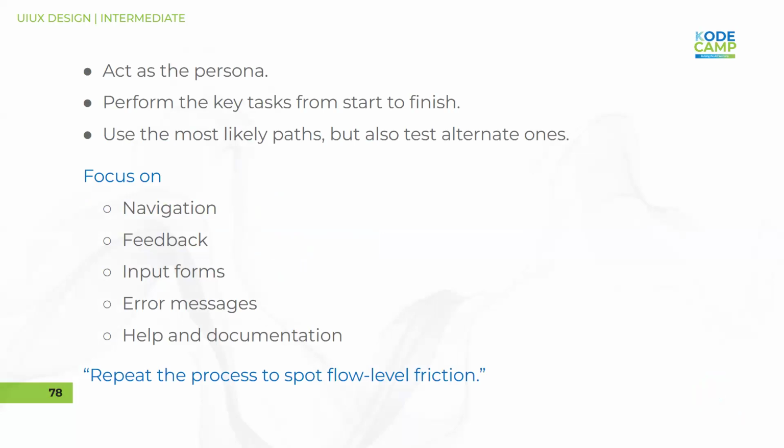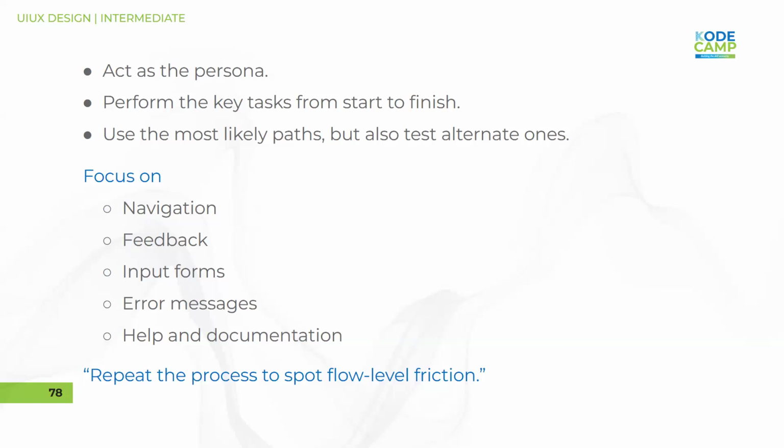Also use the most likely path, but also test alternative ones. Don't just focus on one flow. It could be that user number one loves this particular flow, number two loves another one, and number three loves another one that you did not implement. So test the flows.